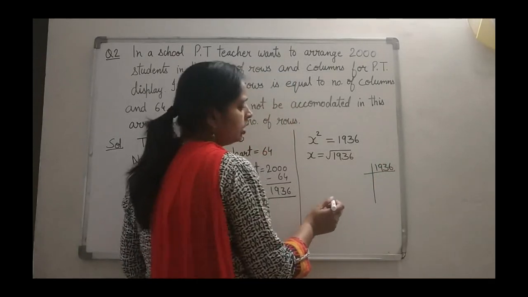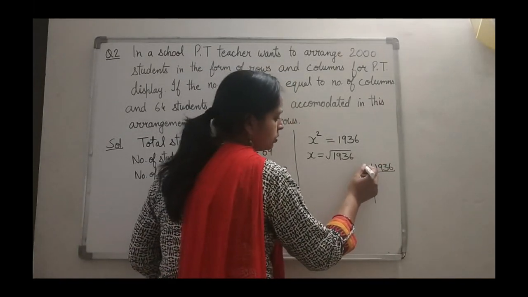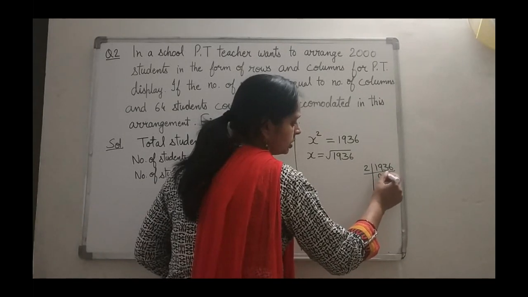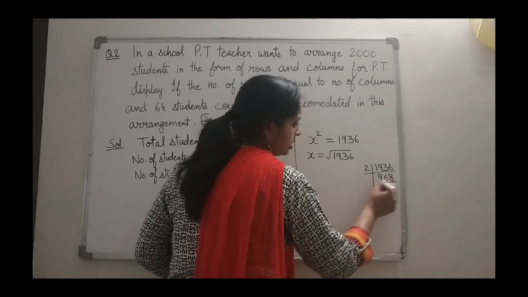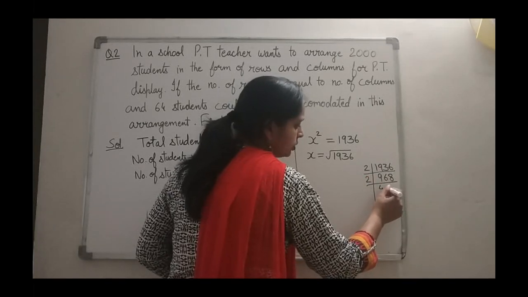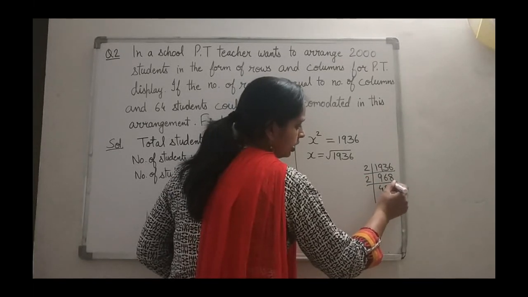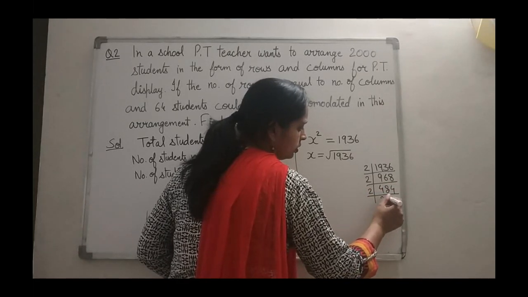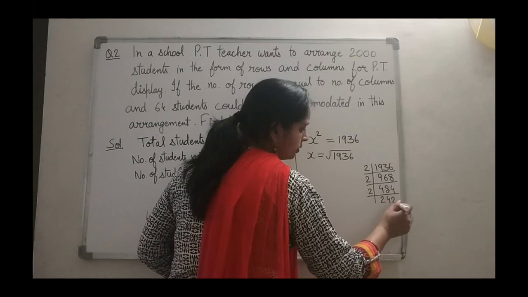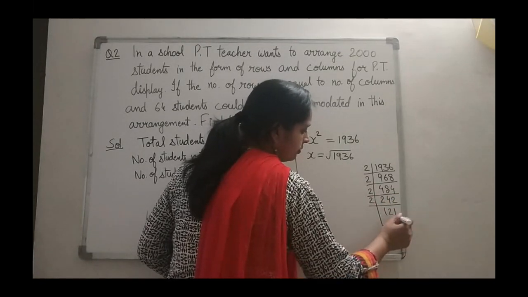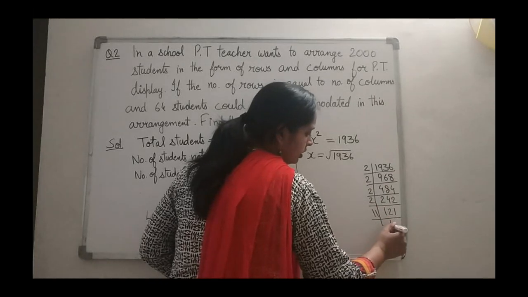For this, we have to do the prime factorization of 1936. So 2 9s are 18, then 2 6s are 12, 2 8s are 16. Then again 2 4s are 8, 2 8s are 16, and 2 4s are 8. Again 2 2s are 4, 2 4s are 8, 2 2s are 4. 2 1s are 2, 2 1s are 2, and here is 11, 11 1s are 11.